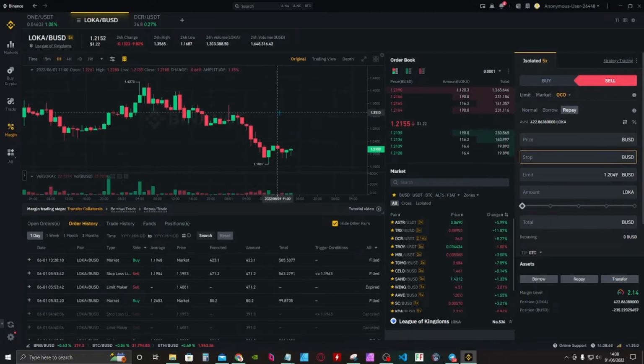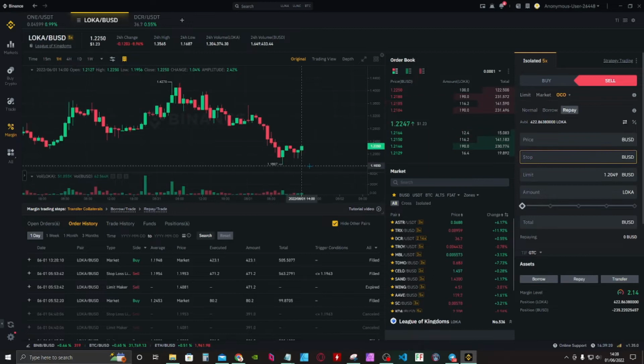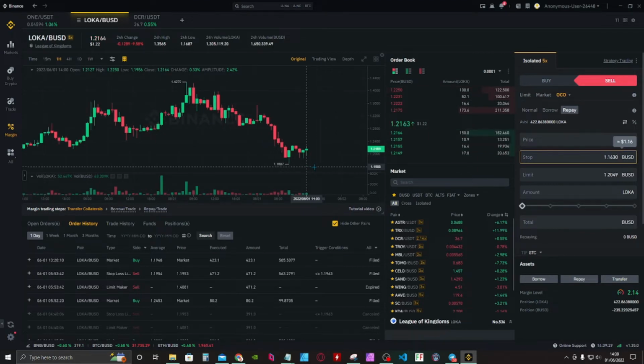If you're going to use the limit on stop here, we want to use it for when the price is going down. So basically this stop limit we can use as stop loss. If you're going to put a stop loss here, we can say 1.1630. That's where we want it to stop.